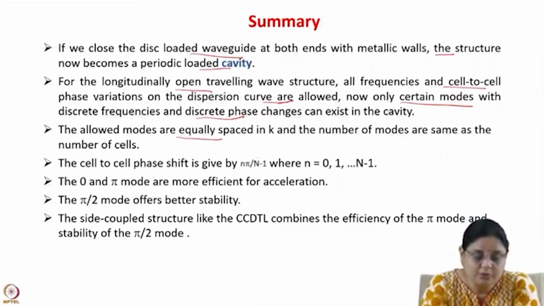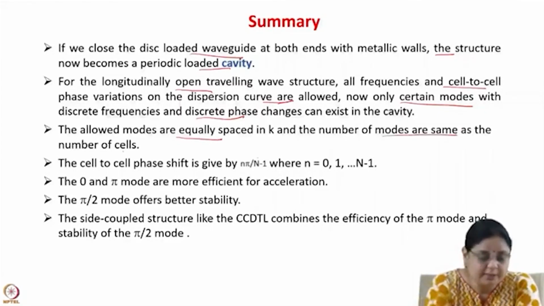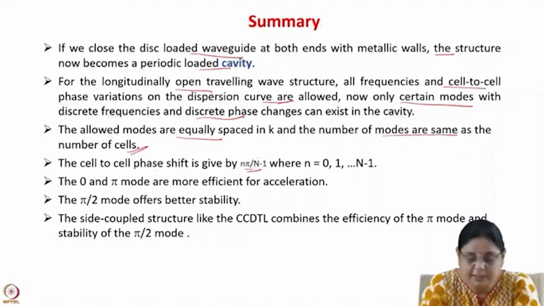So the allowed modes are equally spaced in K, and the number of modes is the same as the number of cells. The cell to cell phase shift is given by nπ/(N−1), where n is equal to 0, 1, up to N−1, and so on.